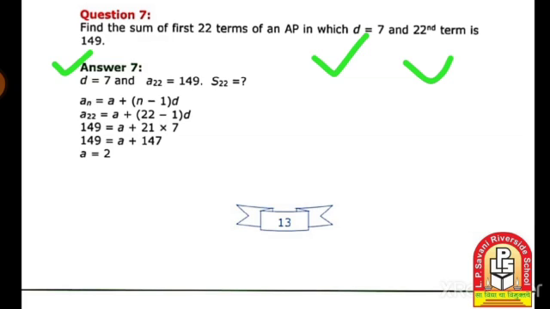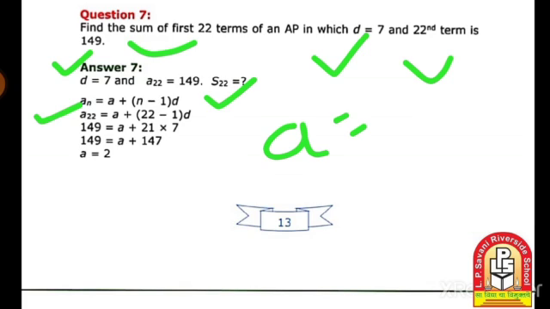So here the 22nd term is equal to 149 and we have to find the sum of the first 22 terms. The sum of the first 22 terms is S22. So here we want the value of the first term.